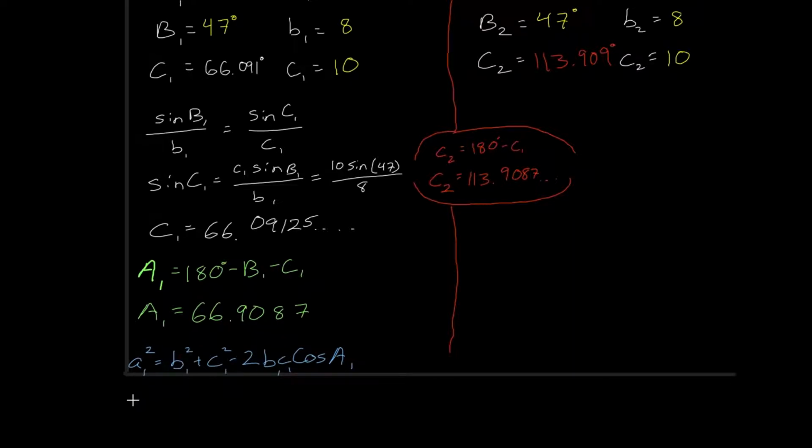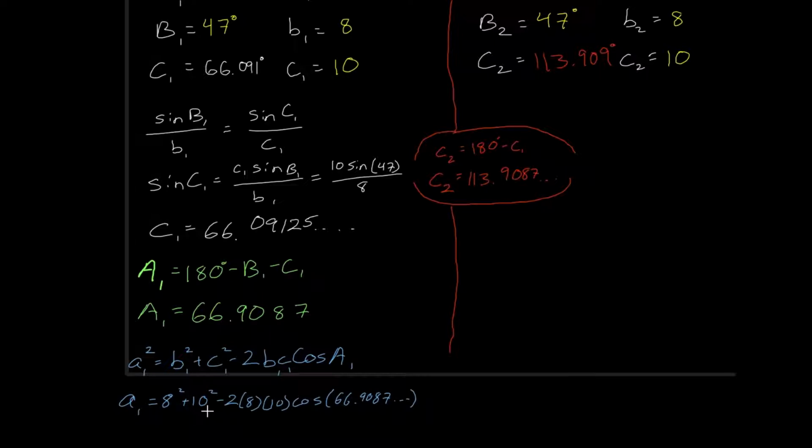Plugging in those values and taking the square root, I'm just going to plug these values into my calculator: 8 squared plus 10 squared, minus 2 times 8 times 10 times the cosine of that 66.9087.